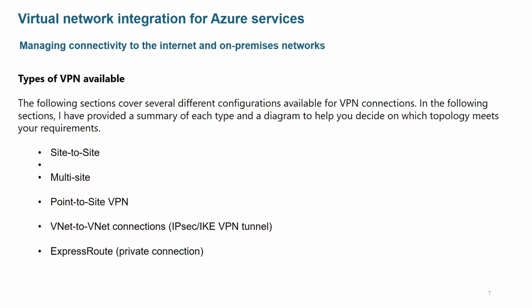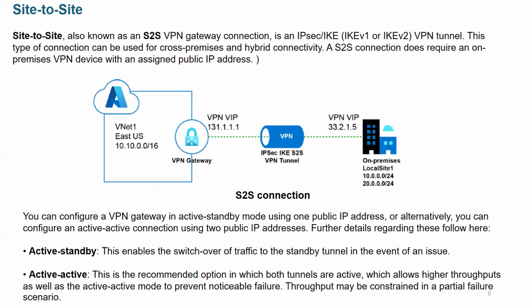For site-to-site VPN, they configure a VNet on the Azure side with a VPN gateway, and they enable an IPsec VPN tunnel to the on-premise environment. This will be taken care of by the network team, Azure team or network team. We have no idea about it. They have some leased lines, MPLS lines, so they configure everything: VPN gateway and Azure site-to-site VPN.